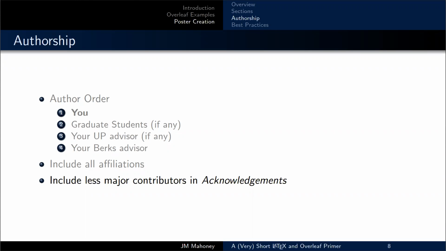Maybe they deserve to be in the acknowledgments, but they're certainly not an author. Authors are people who directly had impact on the intellectual work that you built. Acknowledgments is where you put people that contributed more to the technical aspects of the work.